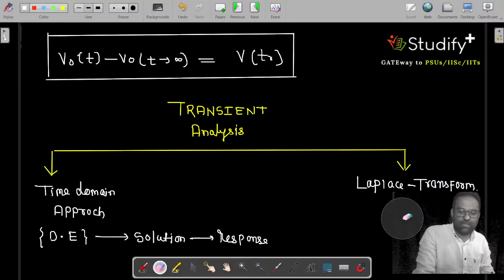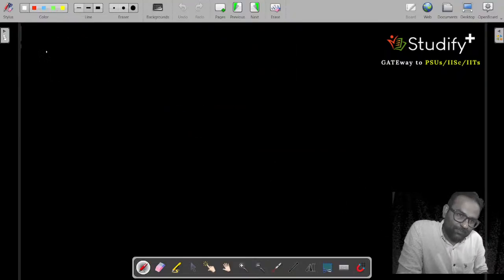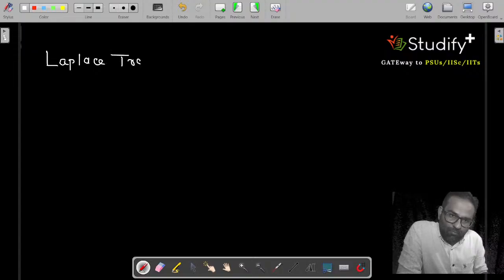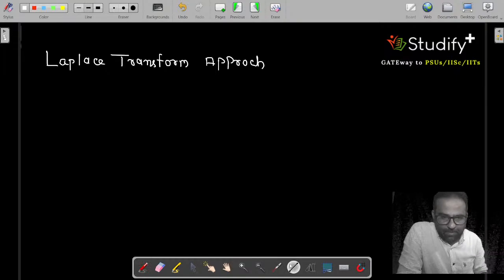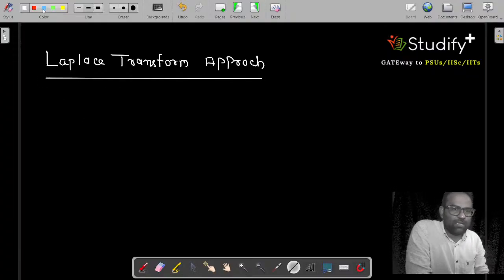The Laplace transform approach requires knowledge of the inverse Laplace transform also.